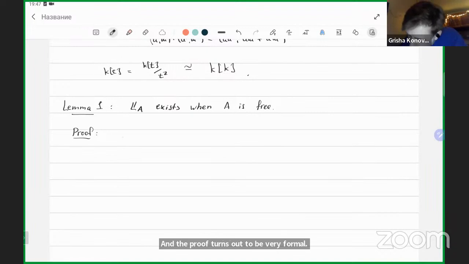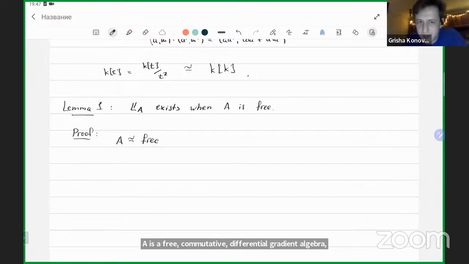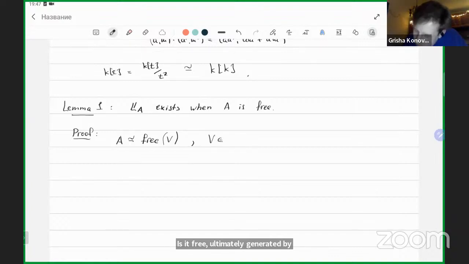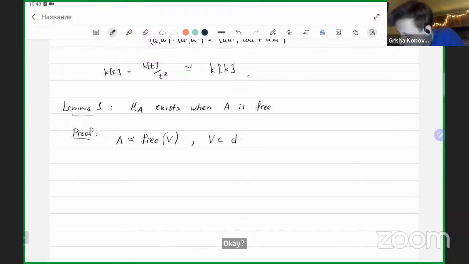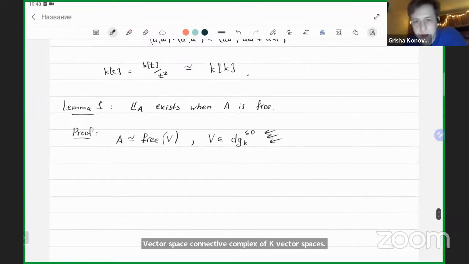We start by the hypothesis that A is a free commutative differential graded algebra. So A is a free algebra generated by some connective complex of K vector spaces, the category of which I denoted by this.